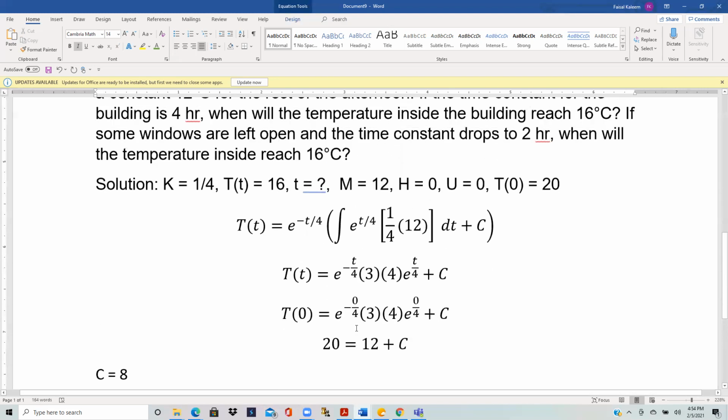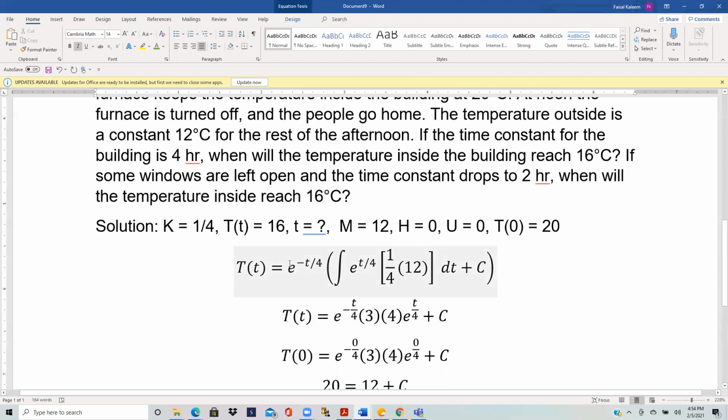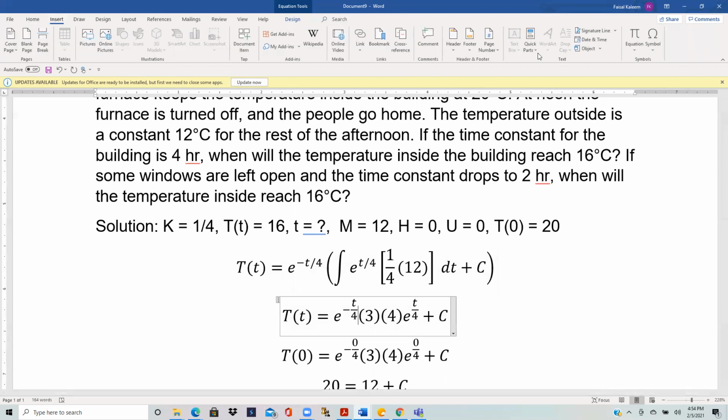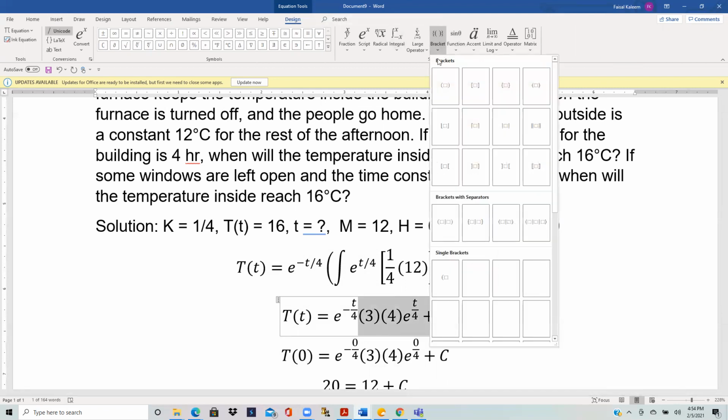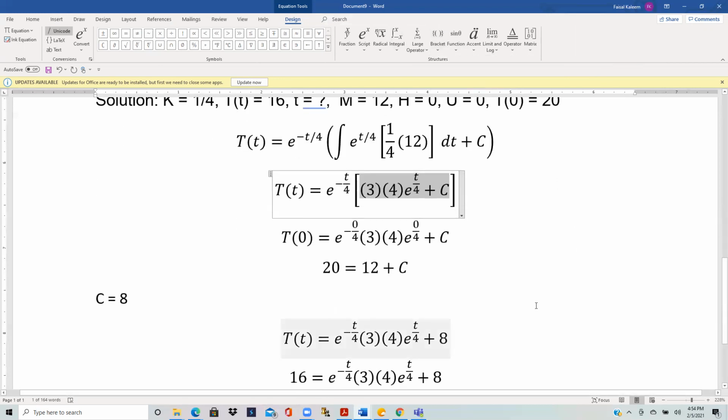Okay, so let's see. Oh, there's a mistake. There's a mistake because this e to the negative t over 4 distributes over both of these. It also distributes over the c. So in the third equation, it will also distribute. So it will distribute over the whole thing. Okay, so here also it distributes over the whole thing.